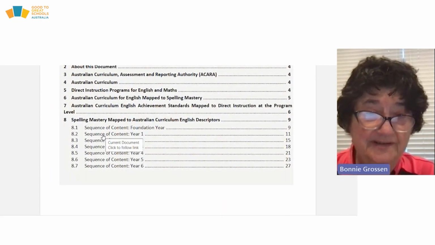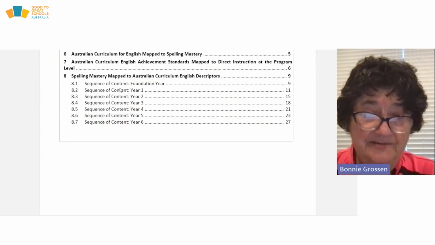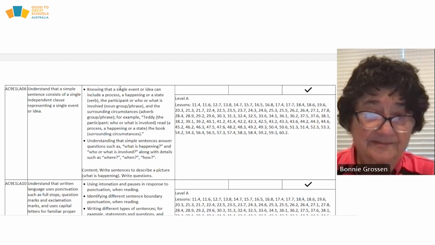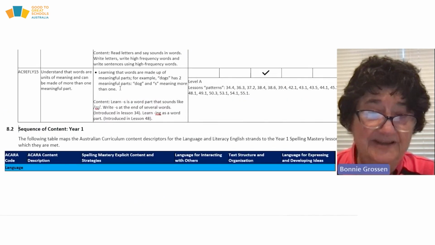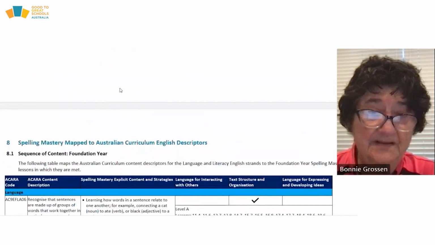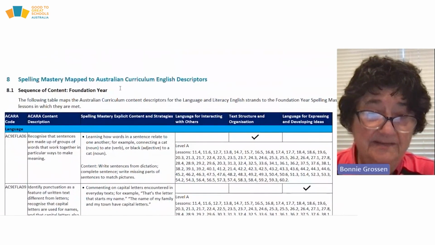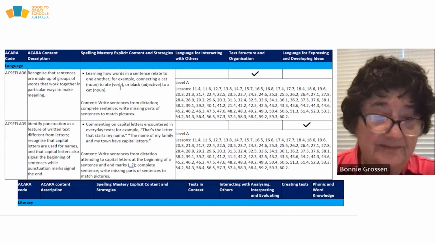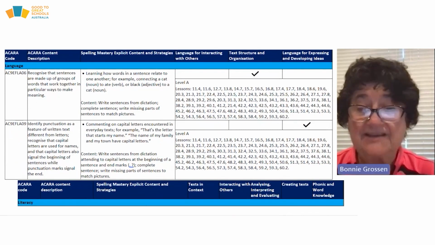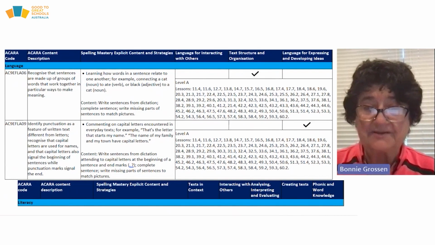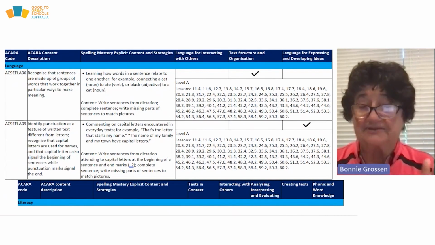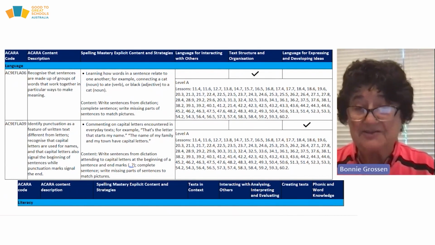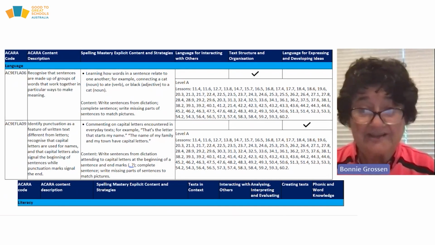If we look at foundation year, level A, level A aligns with foundation year of spelling. And again, just as in math, sometimes some content will be taught in a different level. But the teacher is not to worry about that. Just teach level A from lesson 1 to the end, and then start level B at lesson 1.